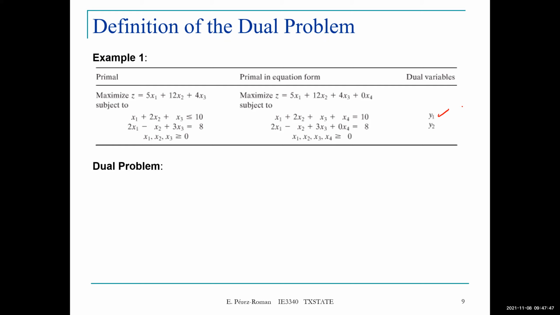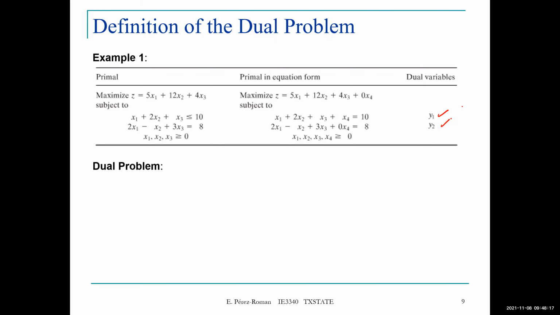So I'm going to assign a y1 to the first constraint and a y2 to the second constraint. If I had 3 constraints, then I would have a y3 for the third constraint. If I had a 4th constraint, then I would have a y4 decision variable, and so on. In this case, since I only have 2 constraints, I only need 2 dual variables, y1 and y2.